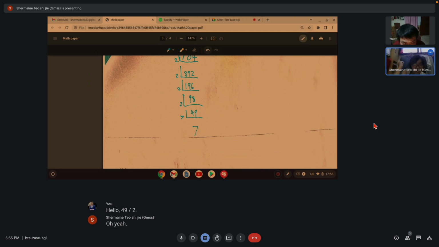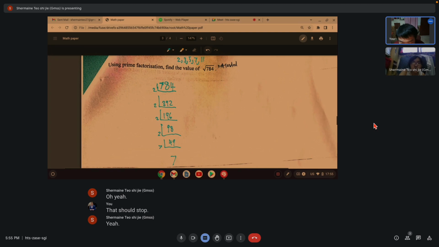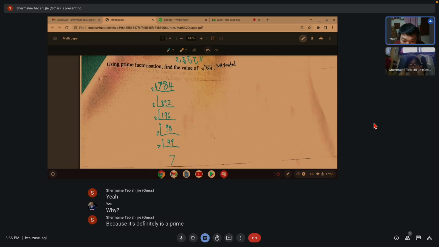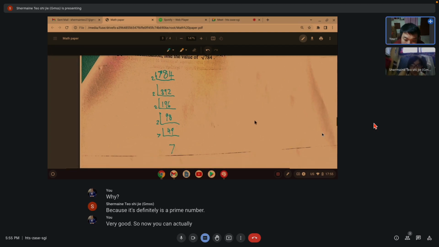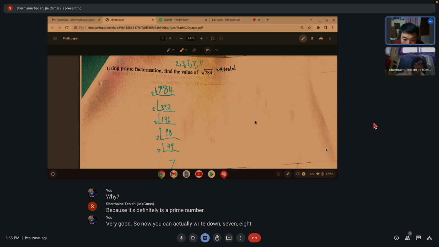Okay. 7 is a prime number. Very good. So now you can write down 784 as a prime factorization in index notation.